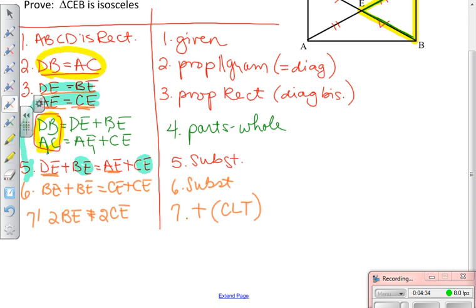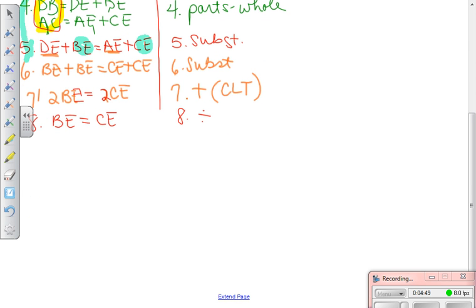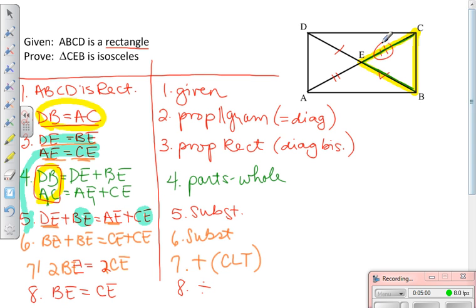Is equal to. If I divide both sides by 2, I end up with BE equals CE. It's by division. I have what I want, and so if you think about the picture, now instead of these guys being different, in step 8, I proved that they are the same.